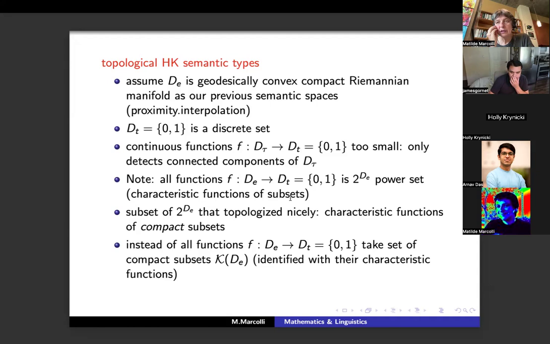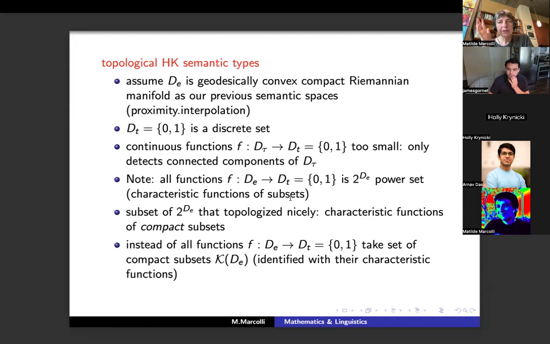Also, power sets are actually not so nice to topologize, to make into topological spaces. So you want something in between, a subset of the entire power set that is non-trivial, so it's not just everything or nothing, but that can be topologized nicely.